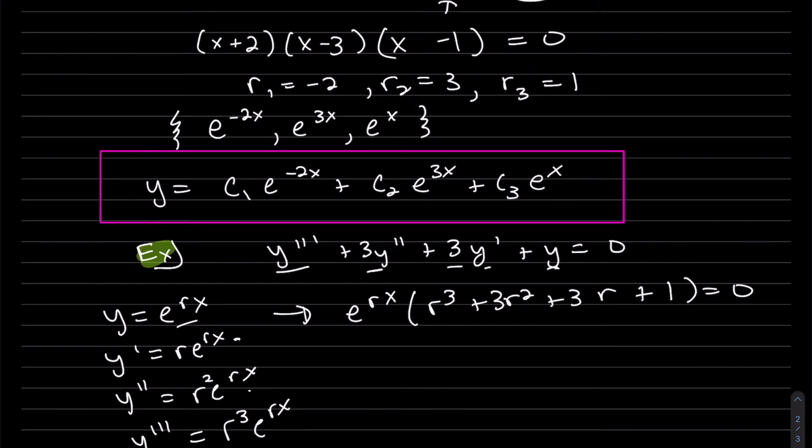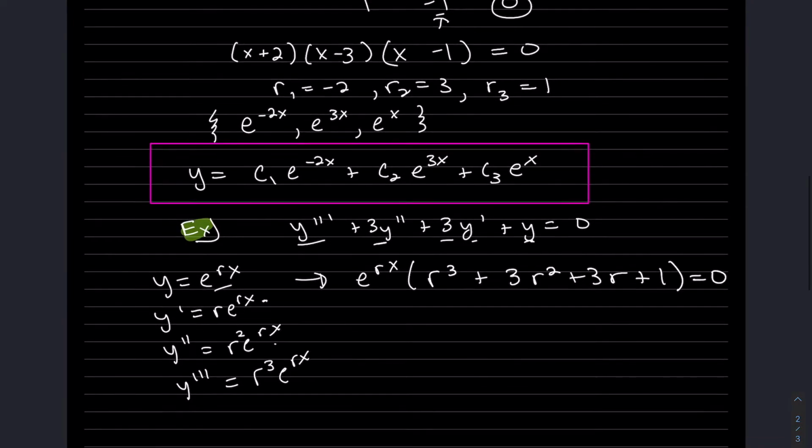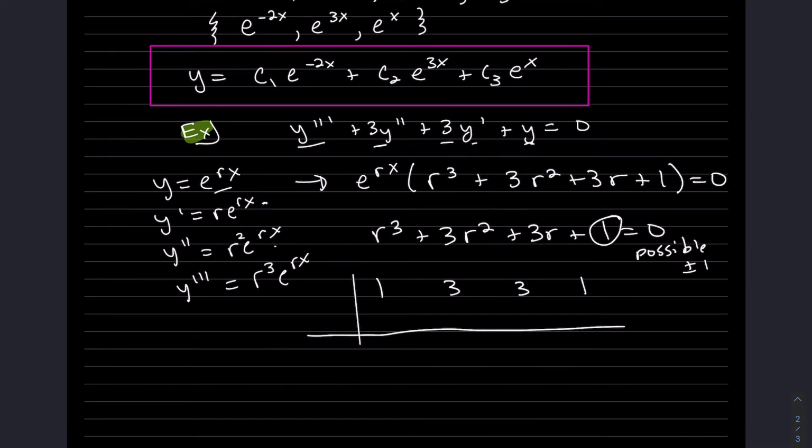And now, let's use synthetic division. And really, our possible roots, or the factors of this, are plus or minus 1. Since they're all positive, I think it has to be -1, wouldn't you think?